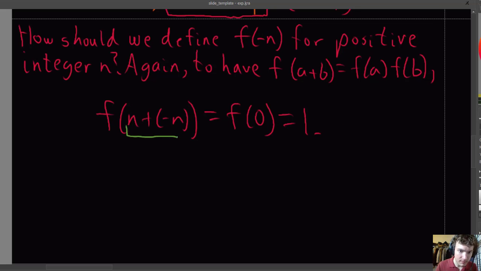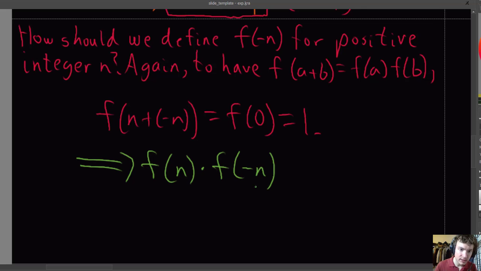Well, here's f of a plus b, where I've set a equal to n and b equal to minus n. But of course, n plus minus n equals 0, and from the previous slide we saw that f of 0 is 1. So let's just continue this equation. This should be f of n plus negative n. We want it to be f of n times f of minus n. That's just using the property we'd like to be true.